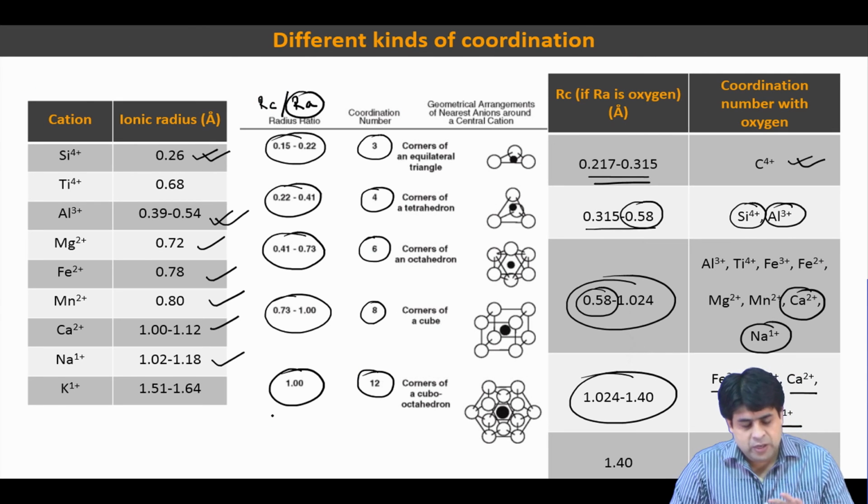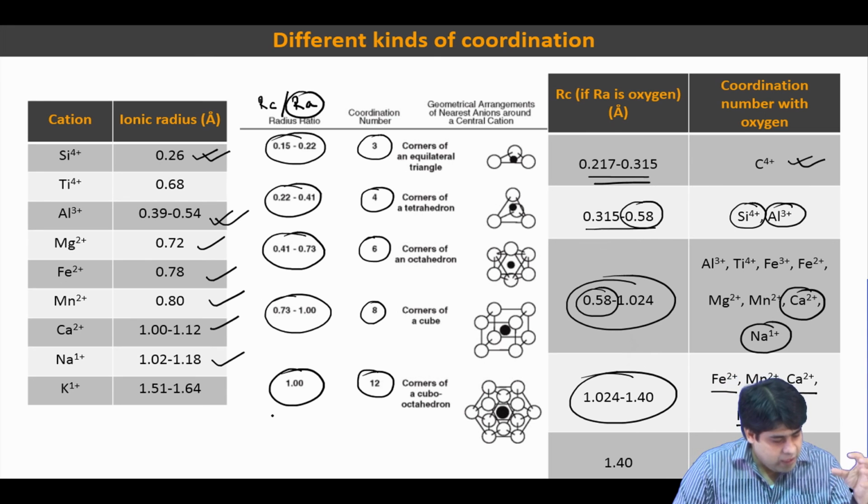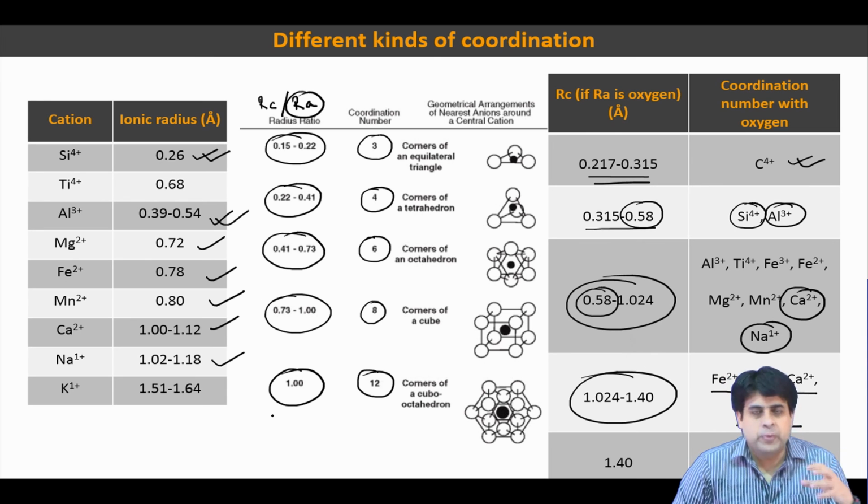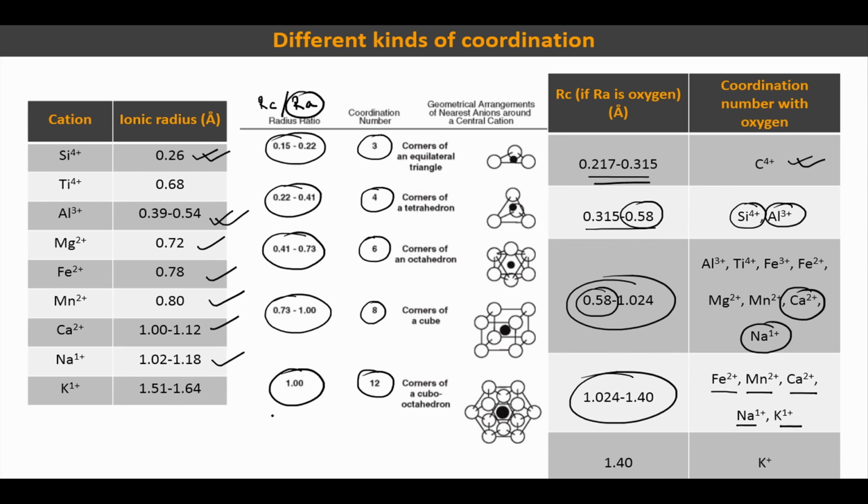This particular rule is very helpful, and it basically depends on the relative size of the atoms, which are basically the cations present in your mineral structure. From this rule you can understand what kind of coordination the different cations present in your mineral will have.